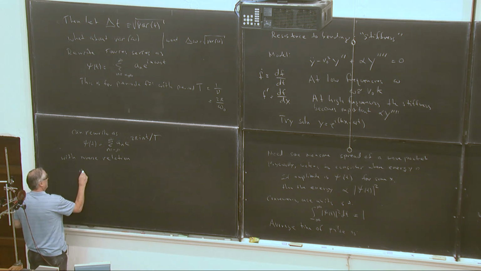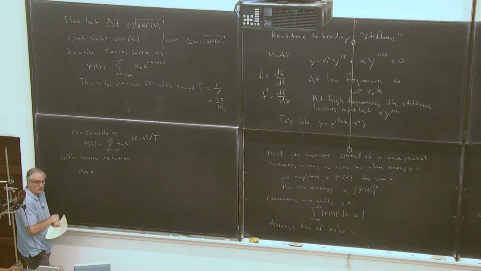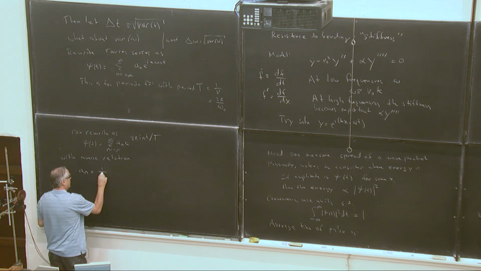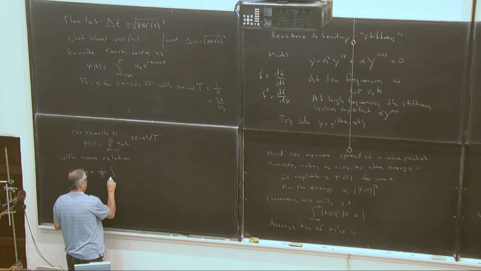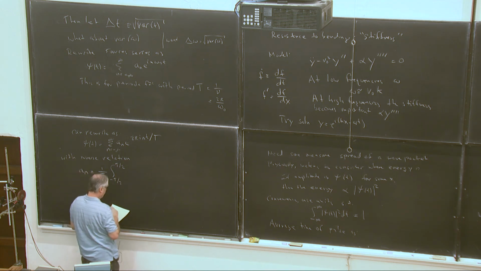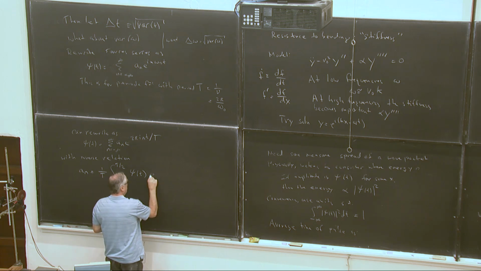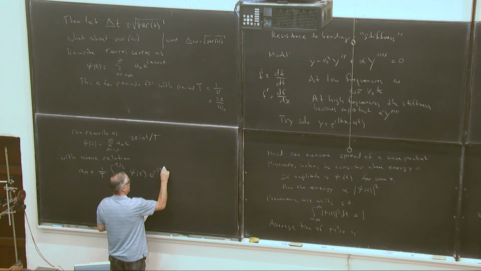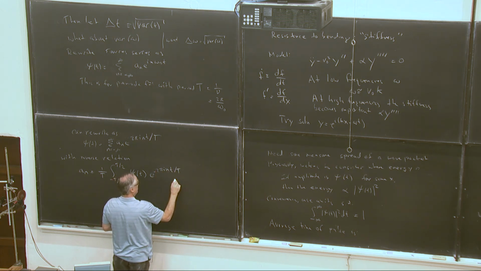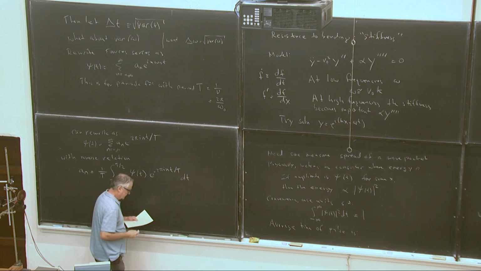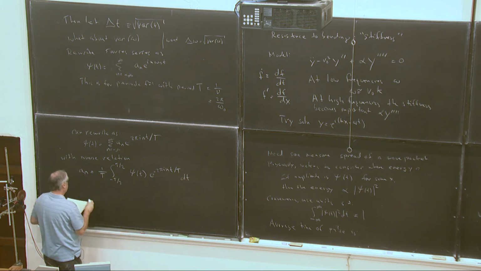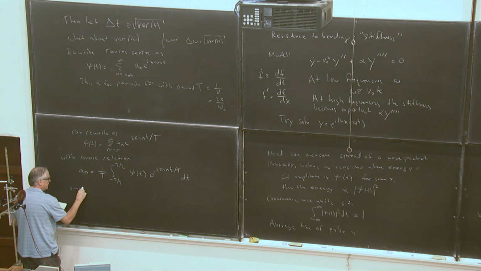So just using how I know to calculate these expansion coefficients, I have a sub n is 1 over t times the integral from minus t over 2 to t over 2 times psi of t e to the minus 2 pi I nt over t dt.